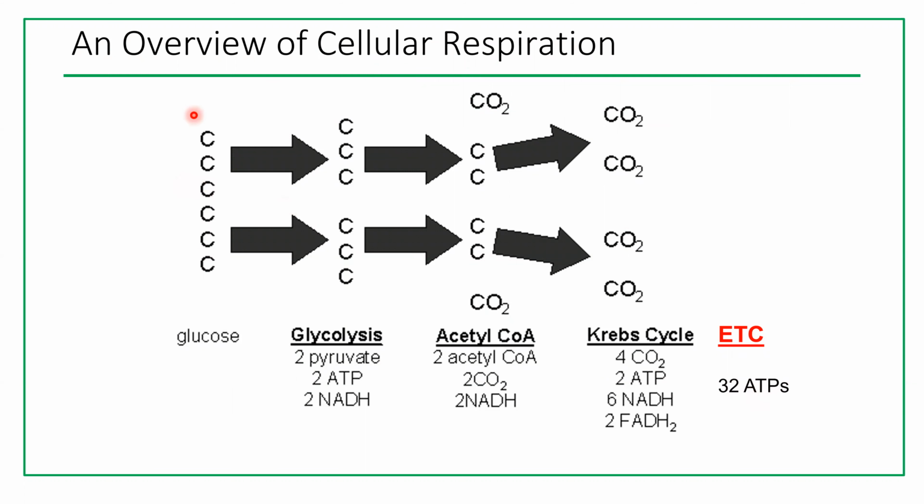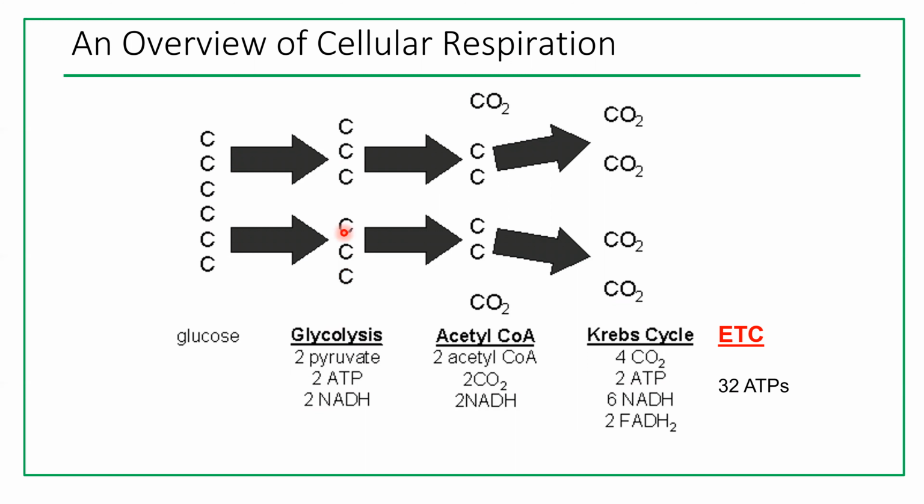You can see here, glucose is a 6 carbon molecule. It's split into 2 3-carbon molecules called pyruvate or pyruvic acid, and this happens through a process called glycolysis. No oxygen is needed, and this process takes place inside the cytoplasm.